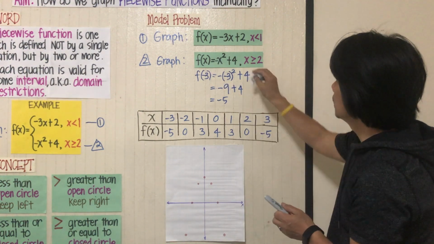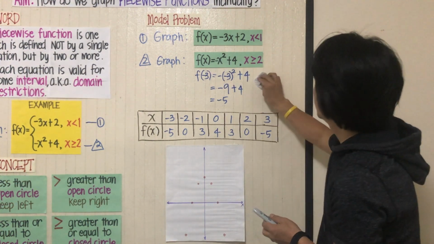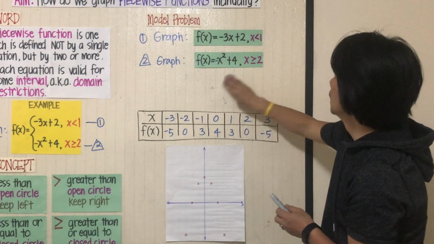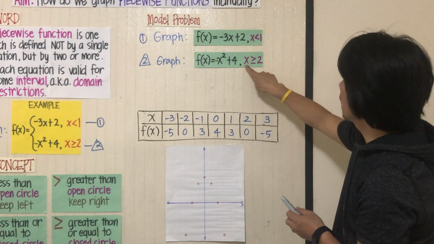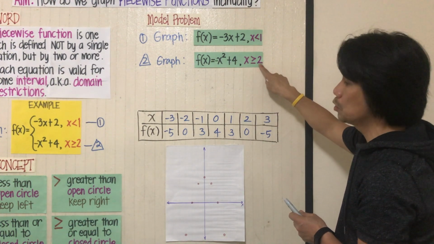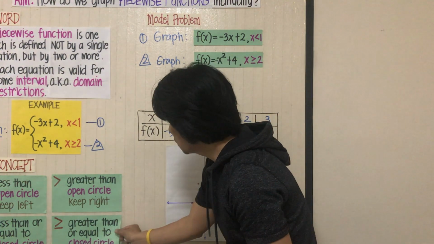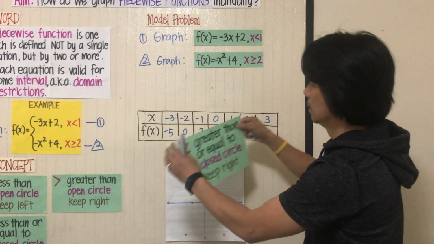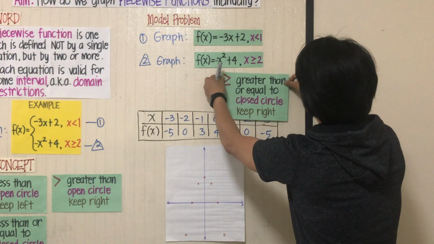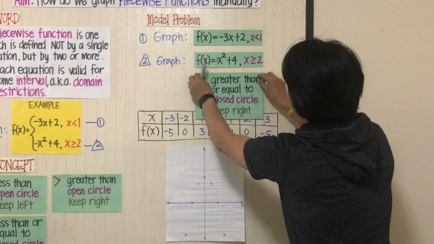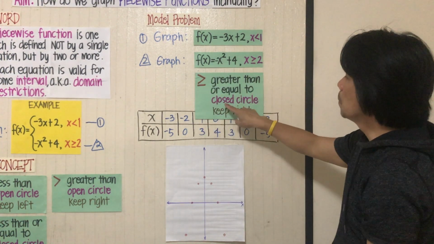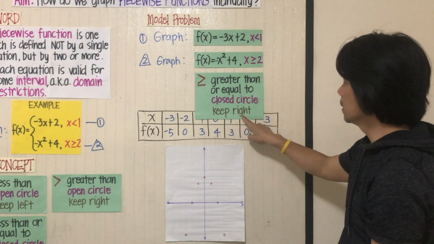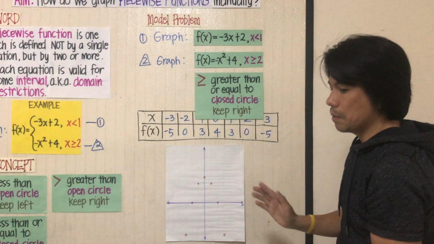We need to go back to the given function, and specifically to the domain restriction, which is x is greater than or equal to 2. Now, we need to grab this greater than or equal to symbol from our key concept, and it says we need to use closed circle and keep the right part of the graph.